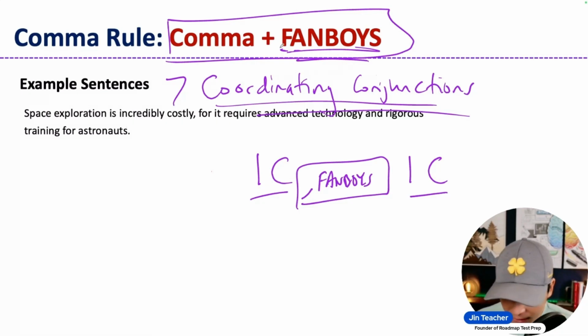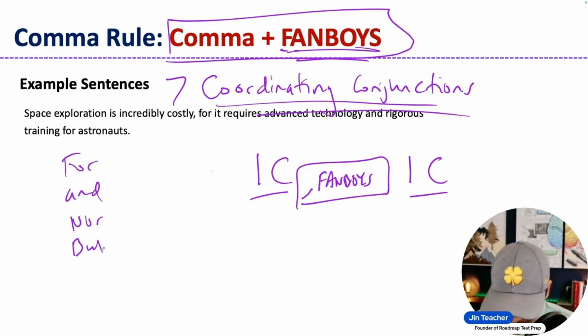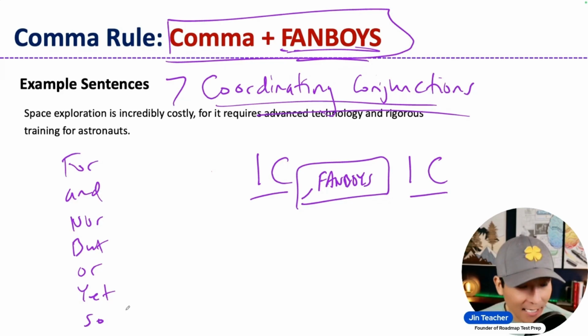Okay, so F stands for for, A stands for and, N stands for nor, B stands for but, O stands for or, Y stands for yet, and S stands for so. These are the 7 coordinating conjunctions in the English language. Now, why is this important to know?